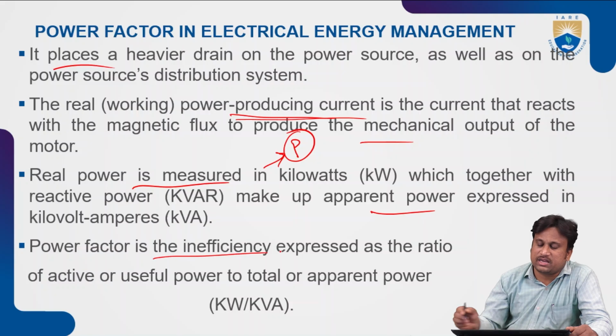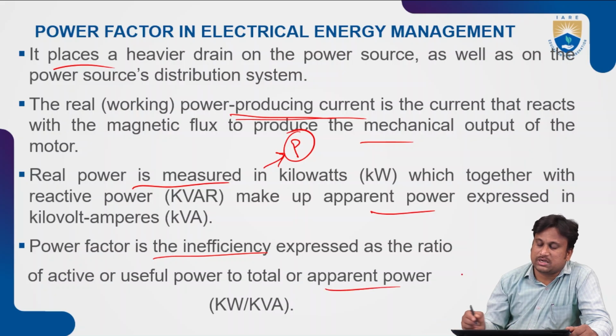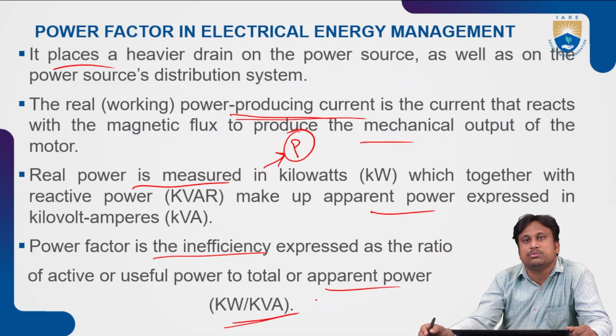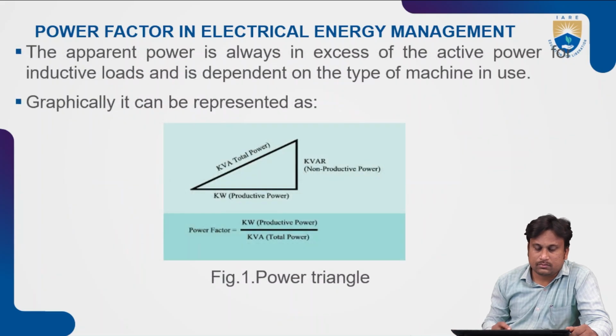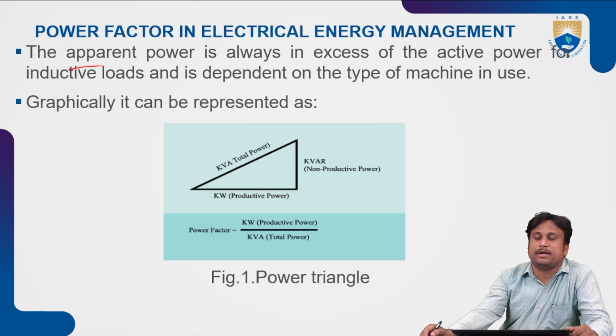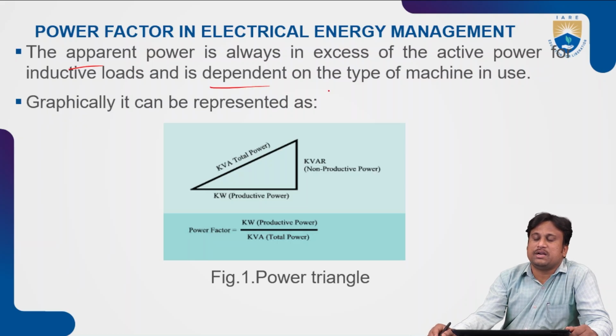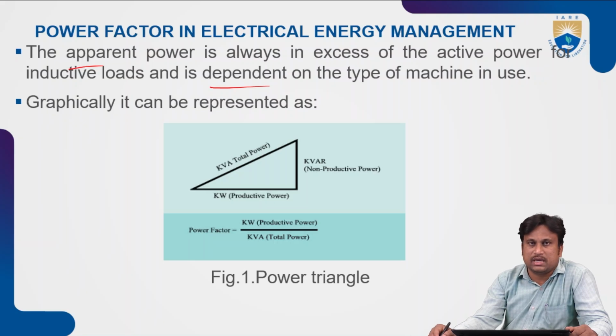Power factor is the efficiency expressed as the ratio of active or useful power to the total apparent power, that means the kilowatt by kVA ratio. Usually apparent power is always in excess of the active power for inductive loads, and it is dependent on the type of machine we are going to utilize.